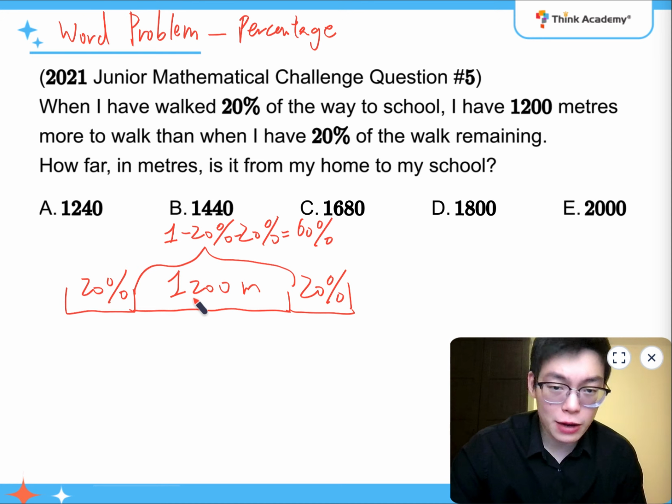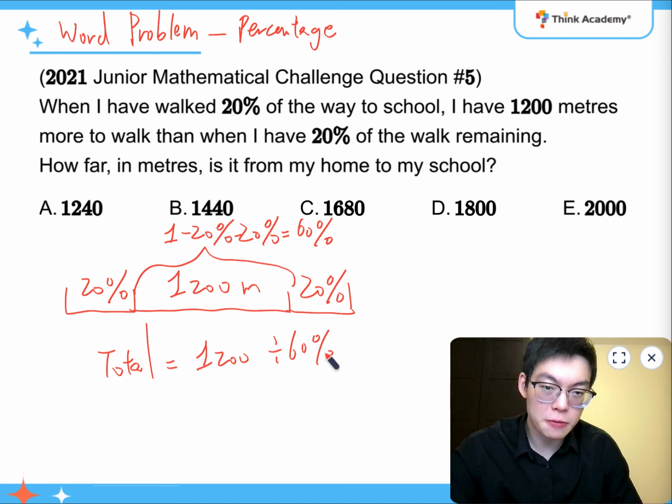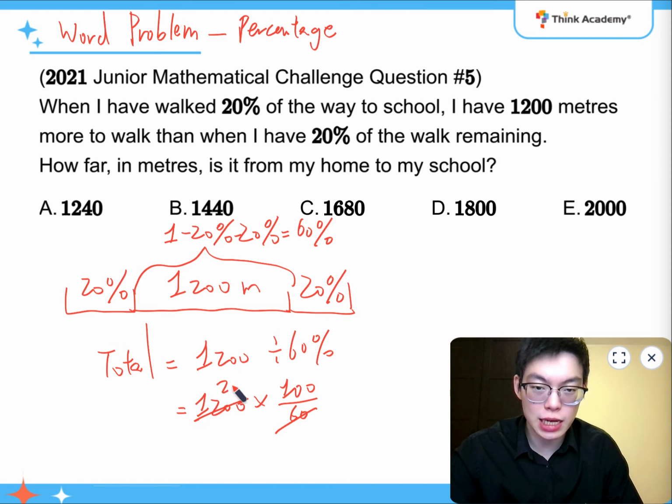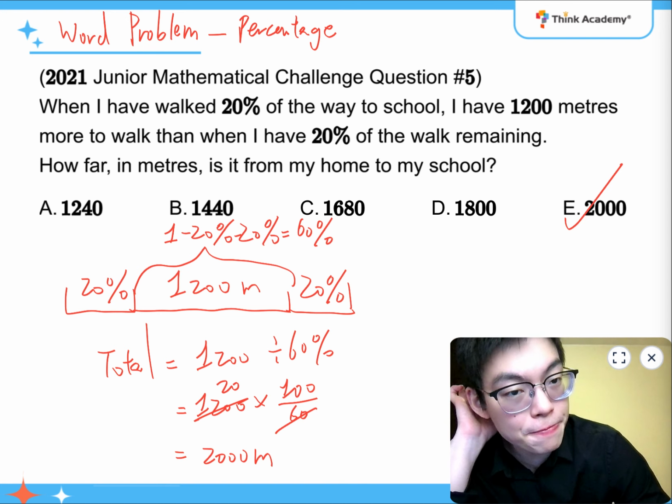So we know that 1,200 meters is 60% of the walk, which means that the total distance is equal to 1,200 divided by 60%, which is 1,200 times 100 over 60. We can simplify 60 and 1,200 to see that's going to be 20 times 100, which is 2,000 meters. Okay, so the answer is going to be E for this one.